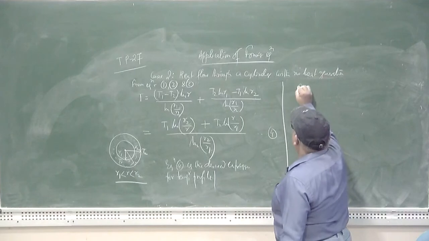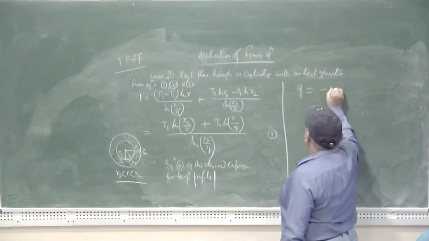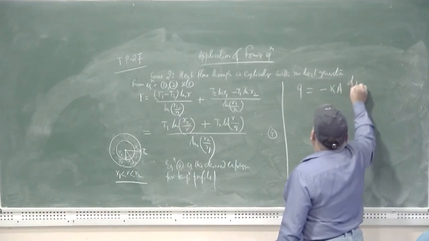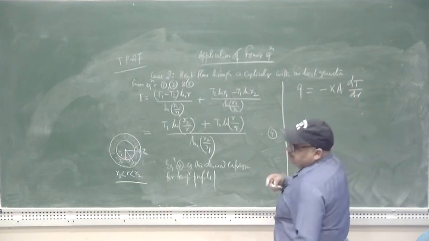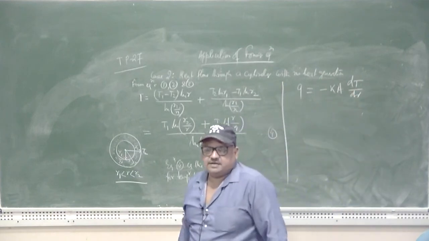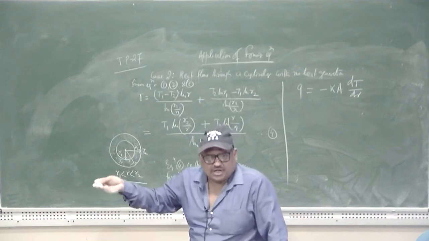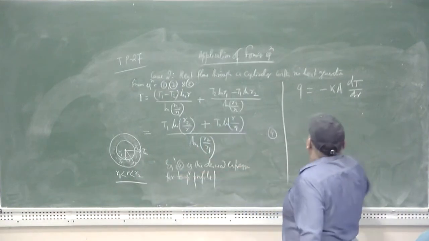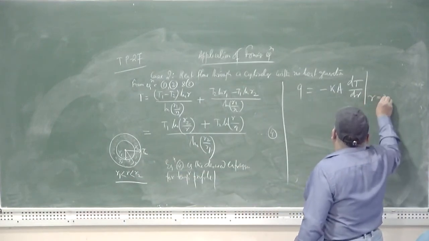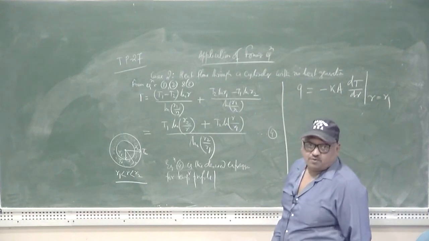Once the equation for the temperature profile is known, you can easily evaluate the heat flux Q is equal to minus KA dT by dr, that is the temperature gradient in the radial direction. If the heat flow is taking place from the inner cylindrical surface to the outer one, the temperature gradient needs to be taken at the point r is equal to r1.